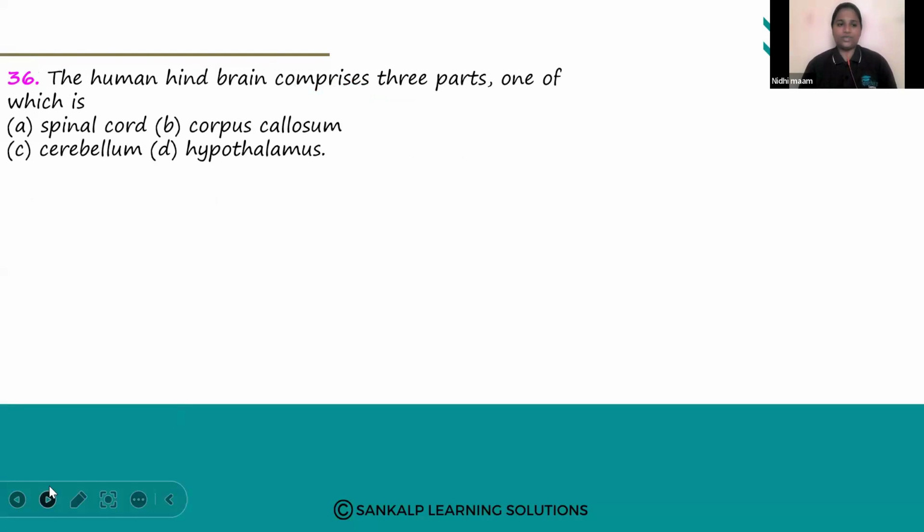Then, the human hindbrain comprises three parts. The hindbrain has three parts, one of which is: spinal cord, corpus callosum, cerebellum, hypothalamus. Yes, try to answer the question.